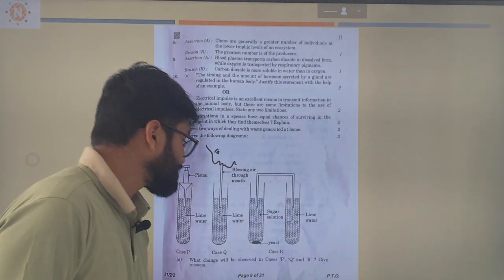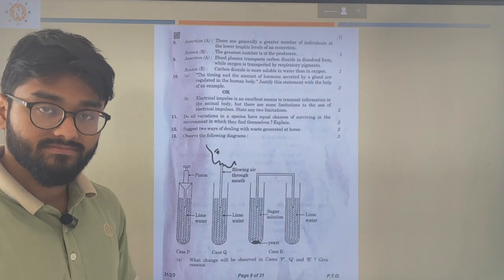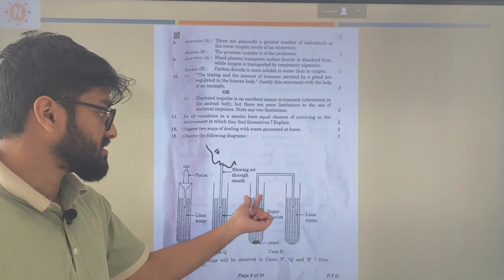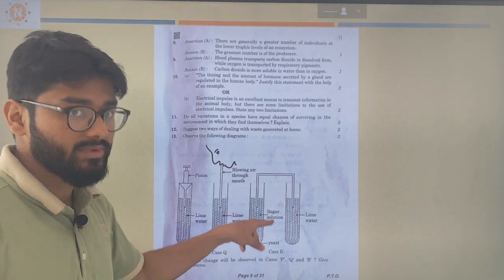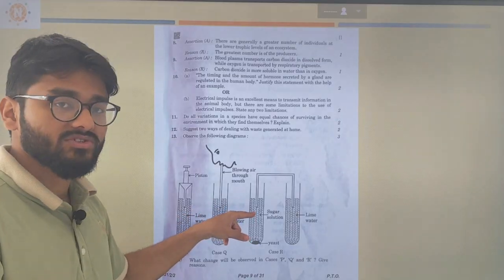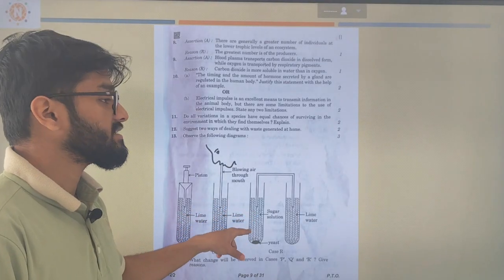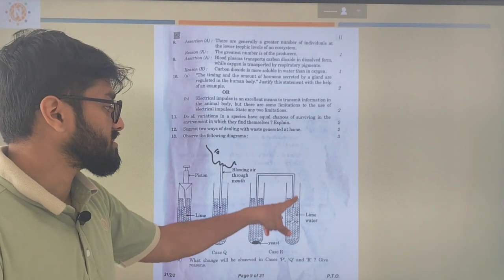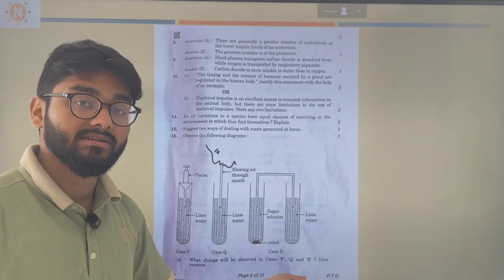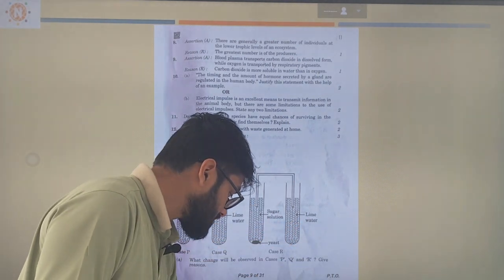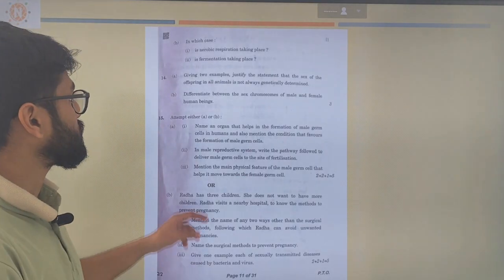Yes, it is happening in case R. Why? Because this is yeast and this is sugar solution. Anaerobic respiration is also called fermentation. That is releasing CO2 that is carried through this pipe into your lime water, and that is changing the color. Simple question, not too much to think.